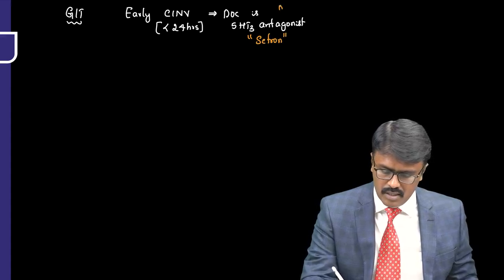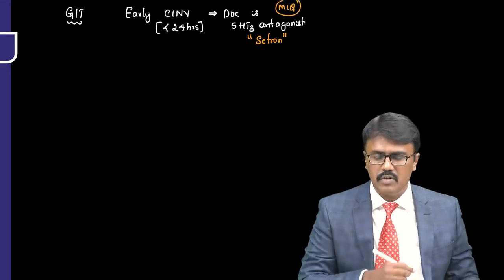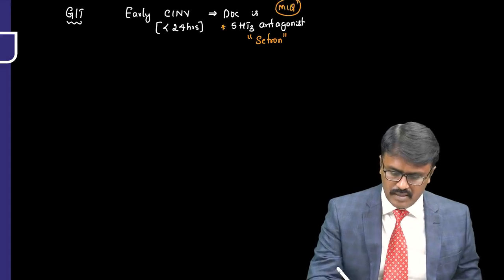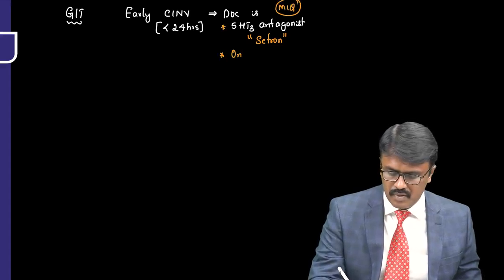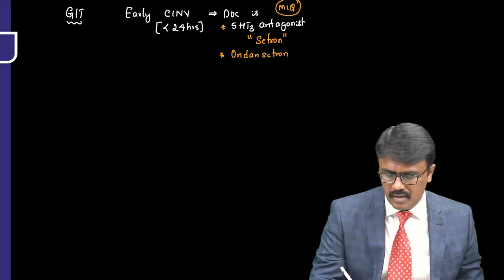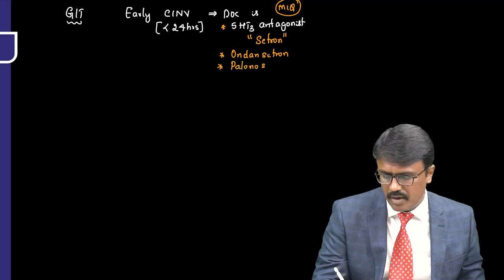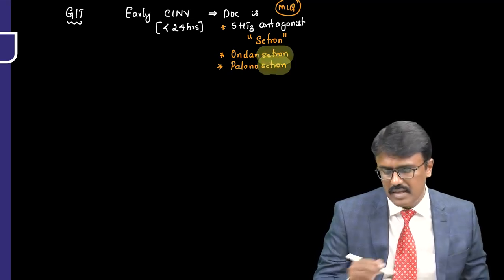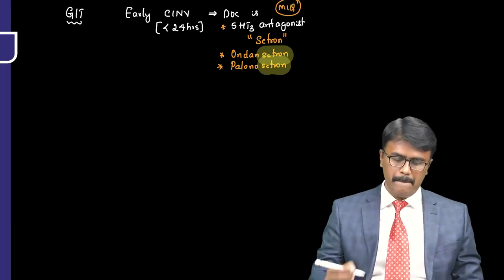So this was the question asked in a recent exam. Early CINV, what is the drug of choice? 5-HT3 antagonist. Examples, let me give: ondansetron. Then one more longer acting is palonosetron. So simply remember, early CINV, the drugs are setron drugs.